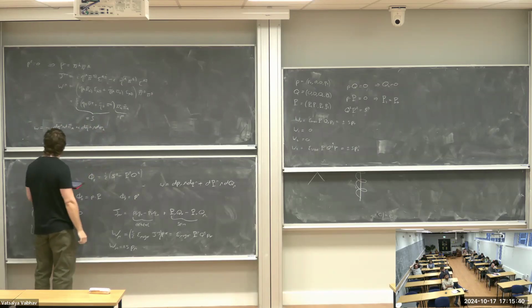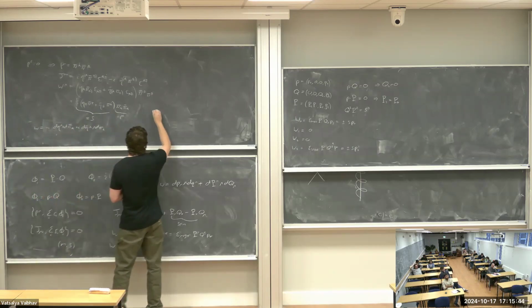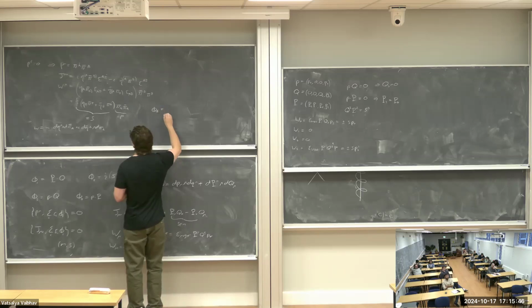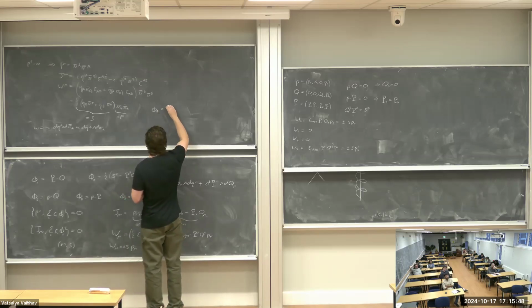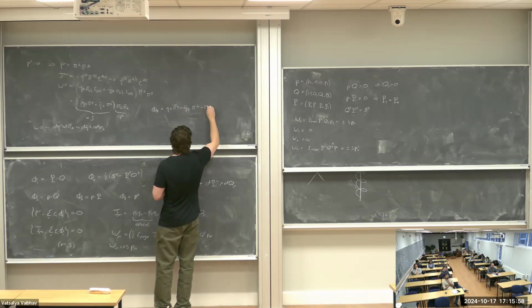So now I have a Poisson bracket. I call this constraint, let's say phi, which is eta B i bar B minus eta bar B dot i B dot minus 2S.